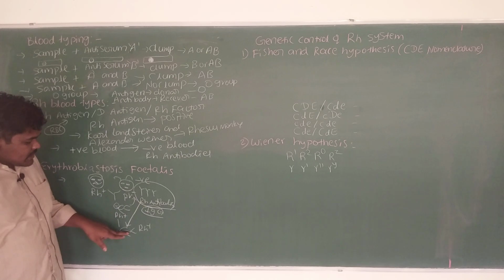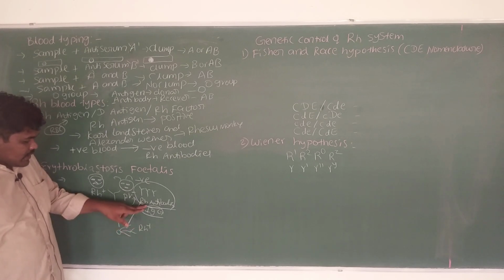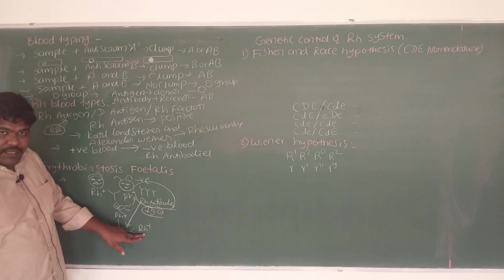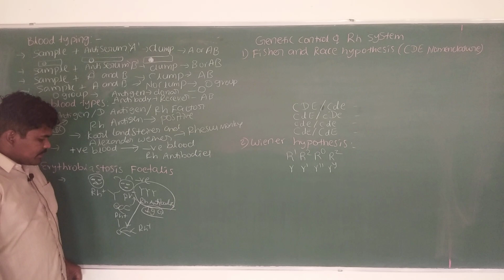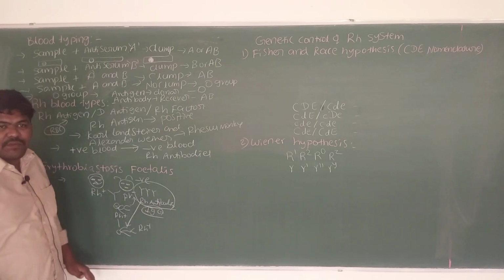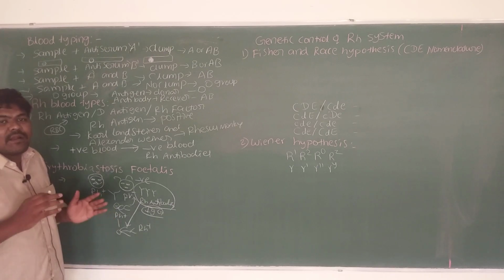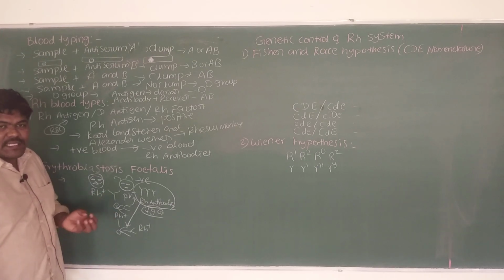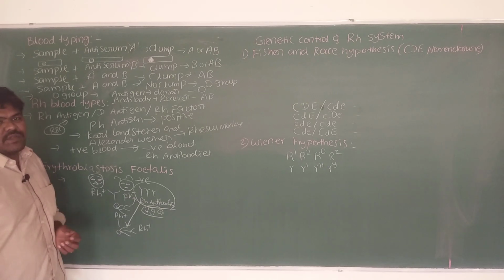When the Rh antibody enters the fetus blood, the Rh antigen is already present in the fetus blood, so both are mixed together, and the Rh antibodies which reach the fetus blood destroy the blood of the fetus, which leads to anemia in the fetus, hemolytic anemia, and jaundice in the fetus.